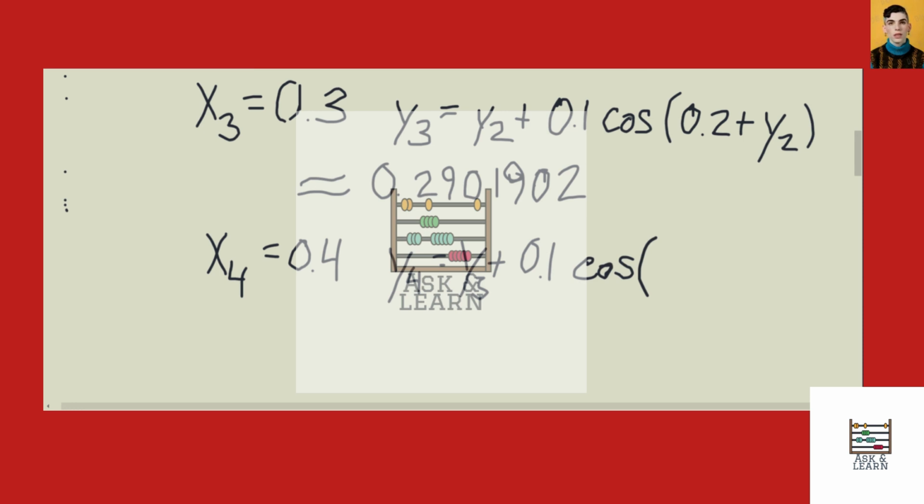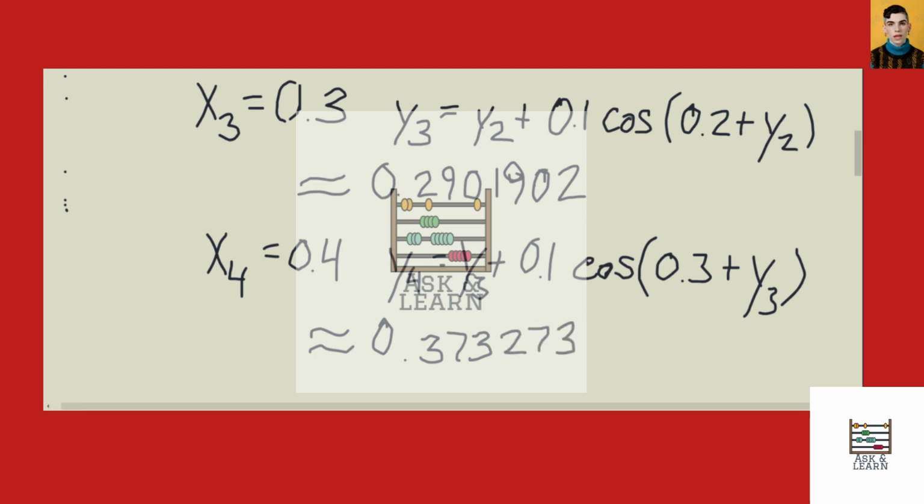So cosine of 0.3 plus y3, which is equal to approximately 0.37323737.